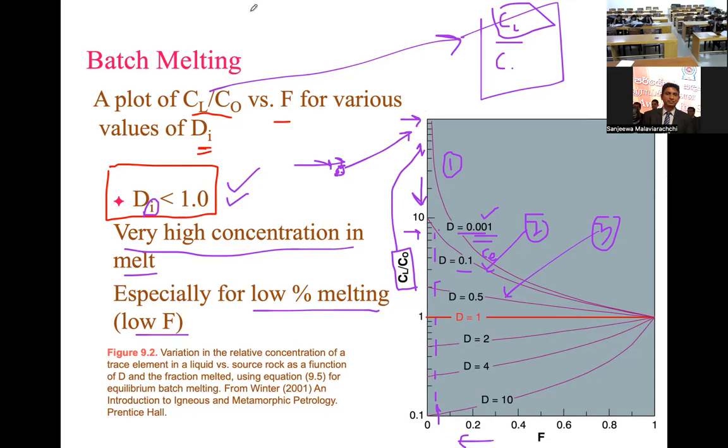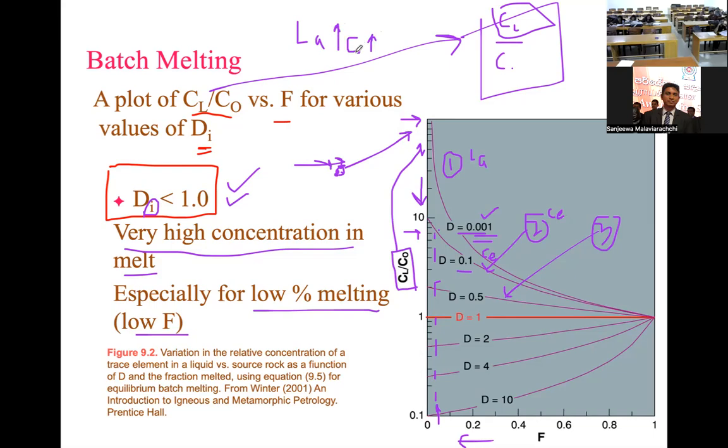So you can consider now, suppose these two elements, 1 and 2, correspond to lanthanum and cerium, right? Then in the produced melt, you will see very high lanthanum concentration, and the cerium concentration is high, but not as high as lanthanum, right?